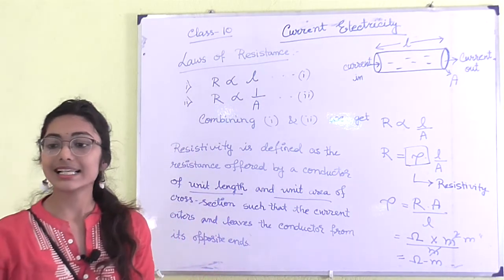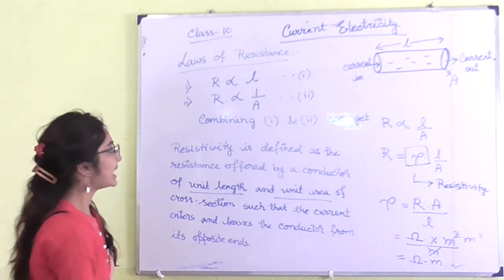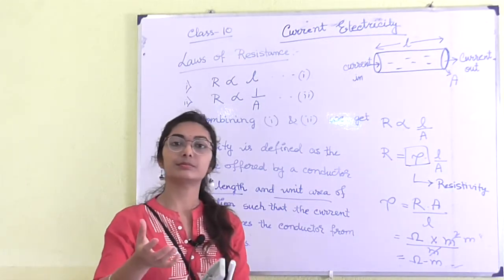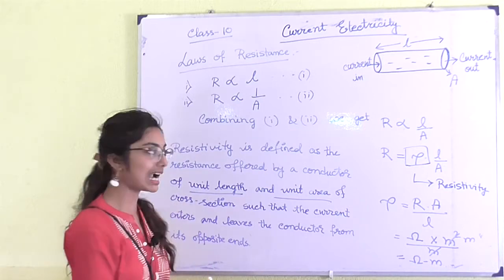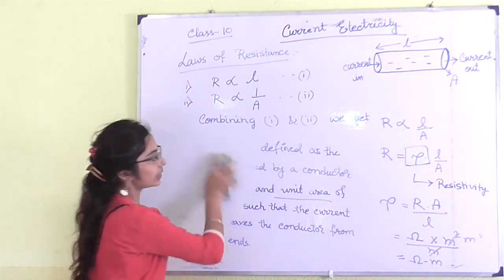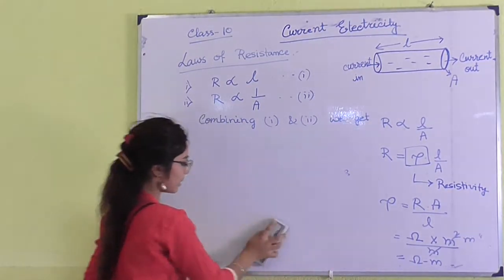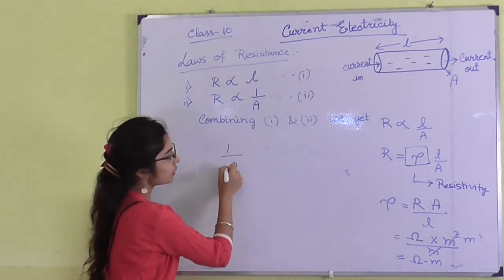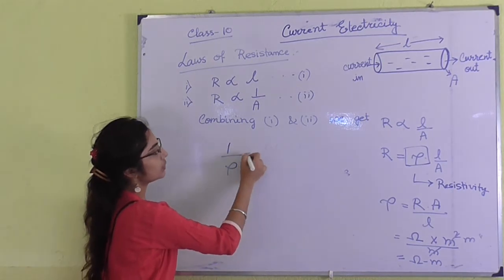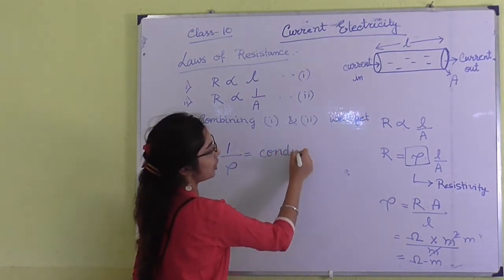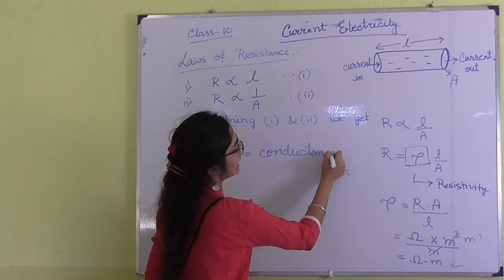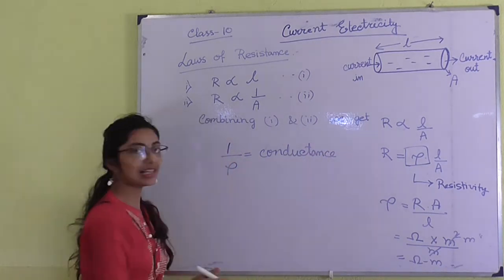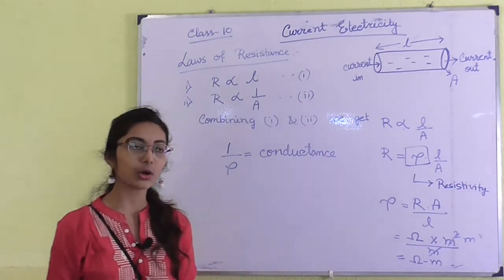Now what is the reciprocal of resistivity? Resistivity is a physical quantity that opposes the current to pass in the conductor. So the opposite of resistivity, 1 by rho, is known as conductance. Conductance helps the current to flow through the conductor.